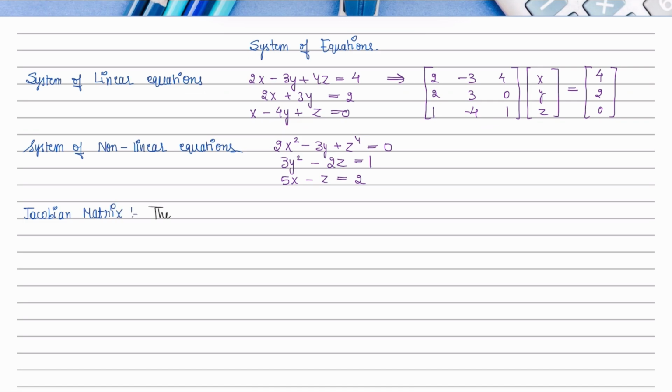The Jacobian matrix is a matrix of all first order partial derivatives of a vector valued function.